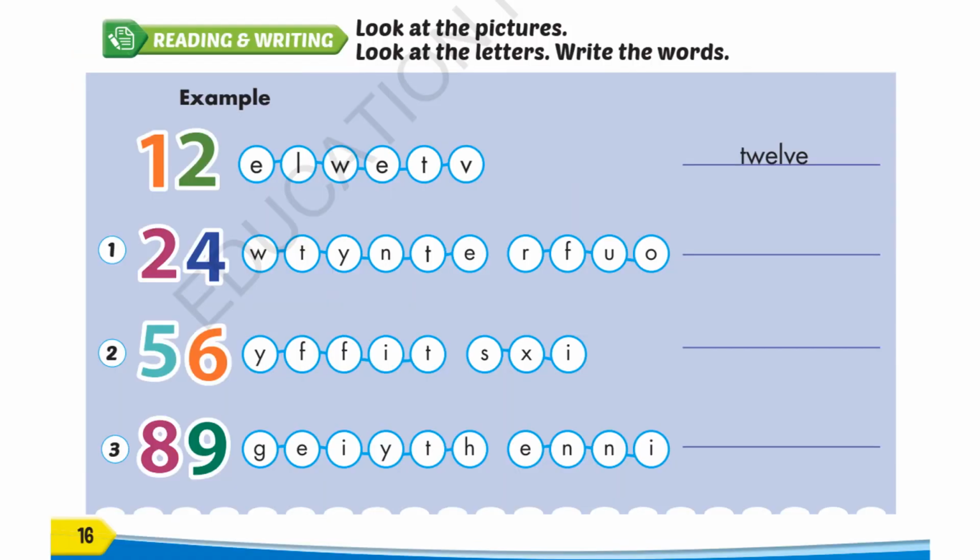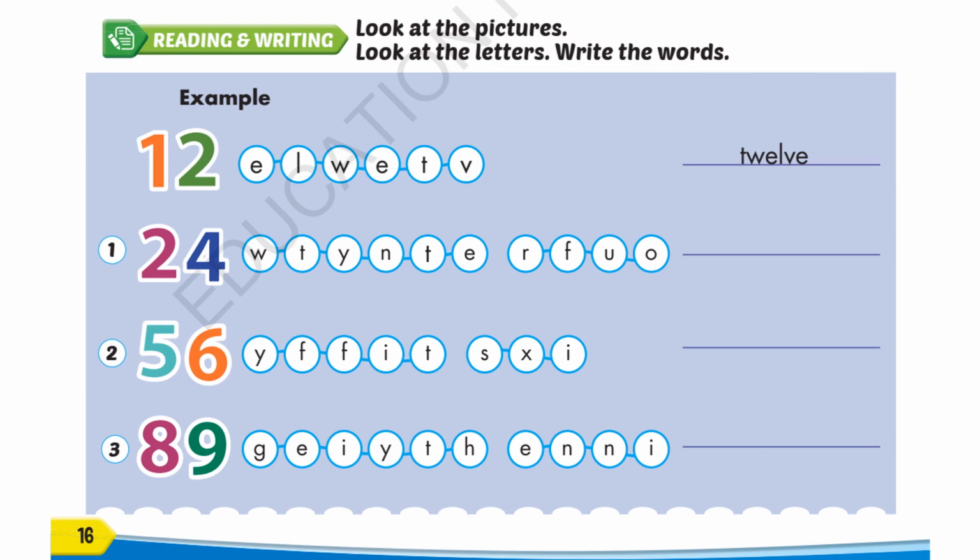Okay, let's look at the pictures and look at the letters and write the words. So the first one is 12, so we have to work out the spelling of the word. Number 1 is 24, so you have to write the letters 24 on the right hand side.